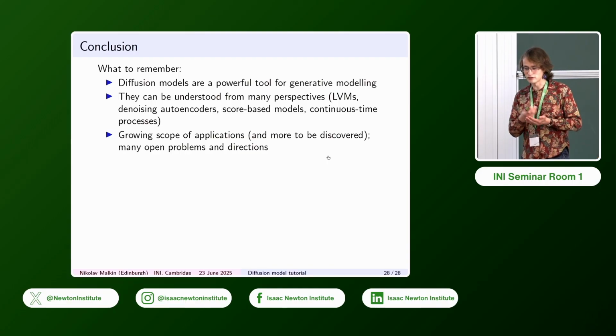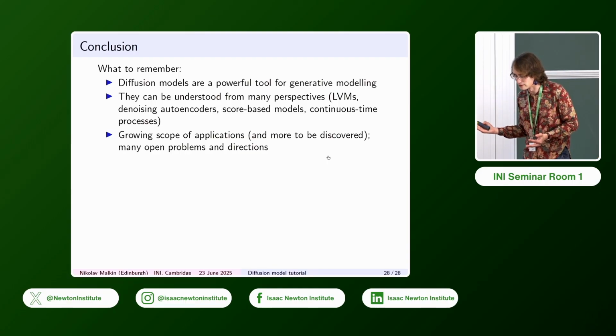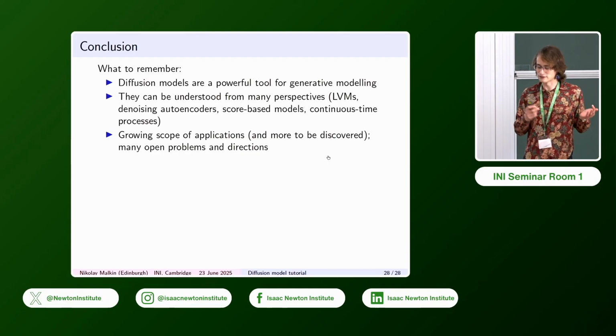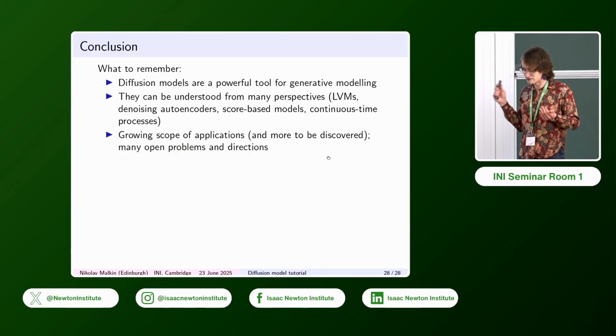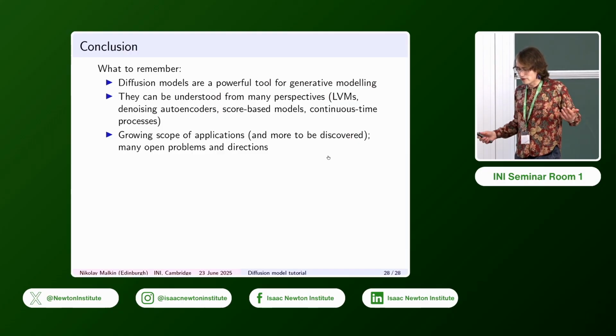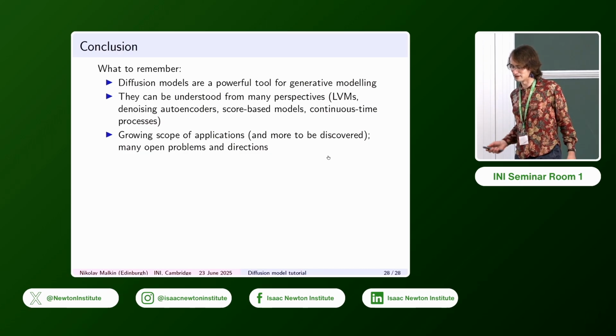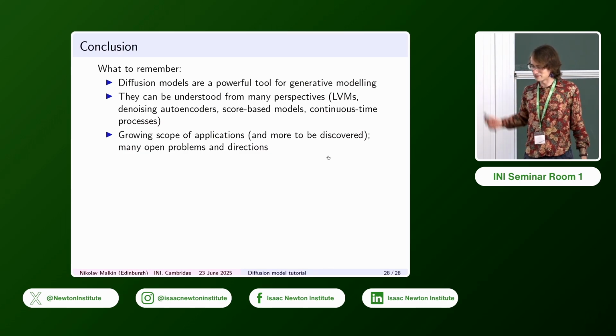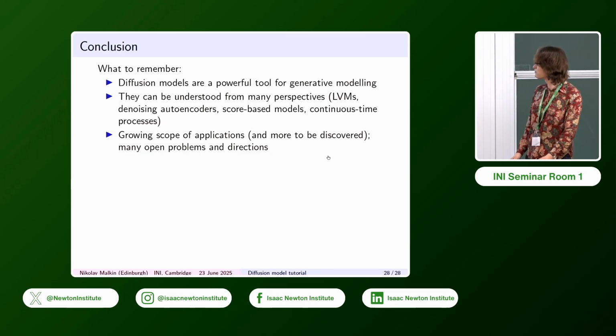They can be understood from different points of view: as score-based models, as latent variable models, as continuous time stochastic processes with parametric dynamics. And there's a growing scope of applications for them, beyond the simple Euclidean data given a finite data set that I've shown today.